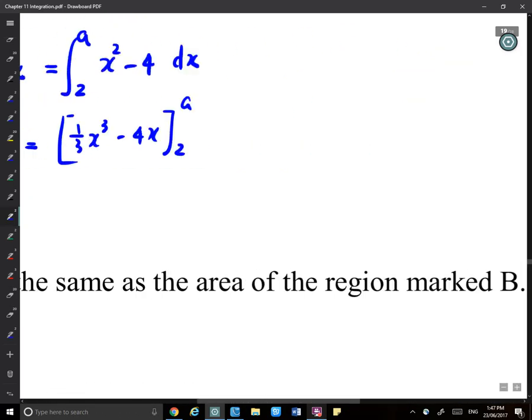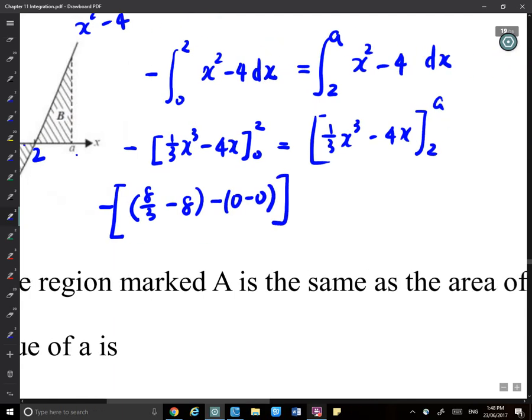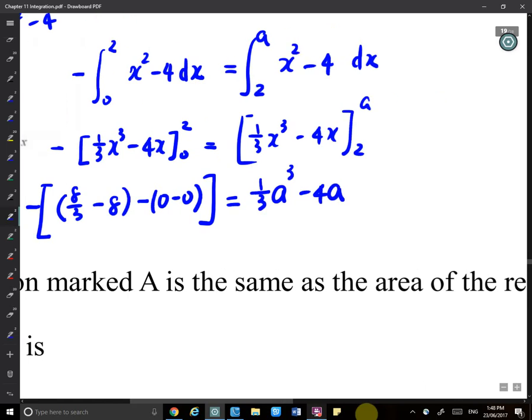So you put a square bracket here and you sub 2 in. It's 8 over 3 minus 8, subtract 0 minus 0. Finish the bracket. And that equals 1 over 3 a to the power of 3 minus 4a, that's the first part, minus the bracket 8 over 3 minus 8, that's the second part.